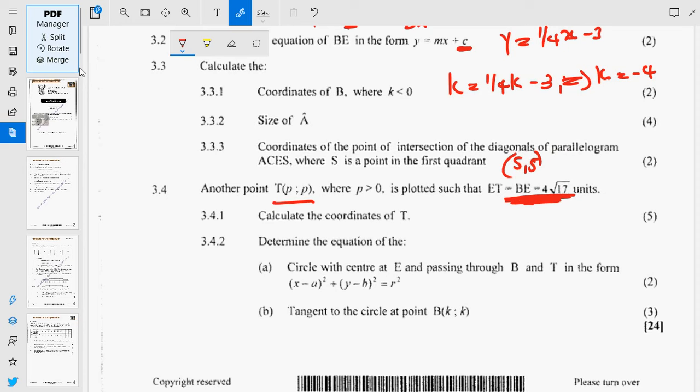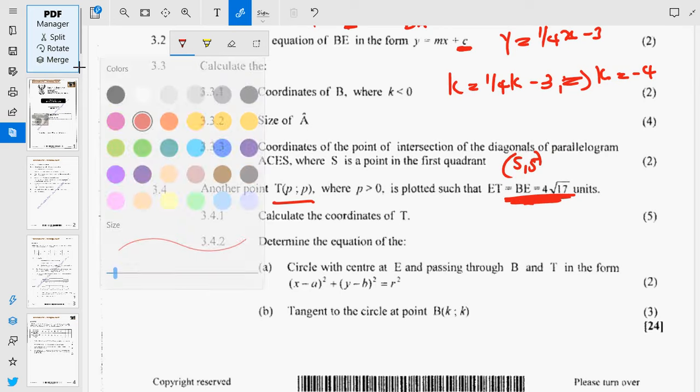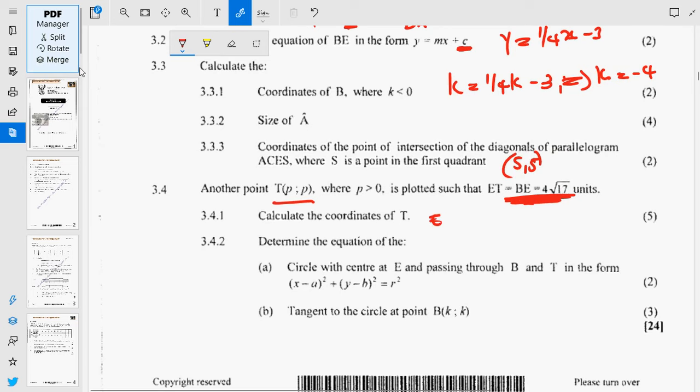We have the coordinate of E, right? So you're going to write them down. You're going to tell your examiner that E is (12; 0), and T is (p; p). You know that the distance between these two points is 4 root 17.